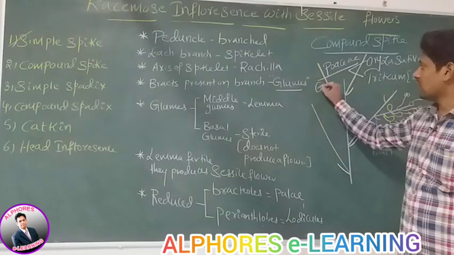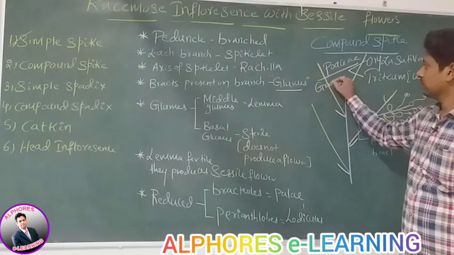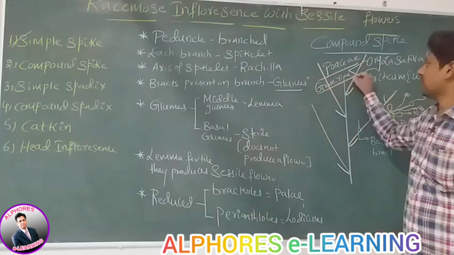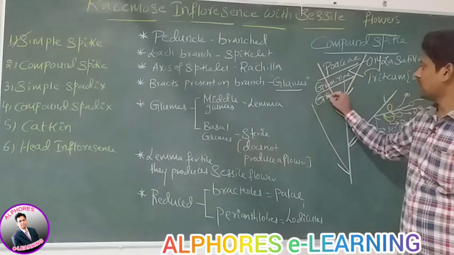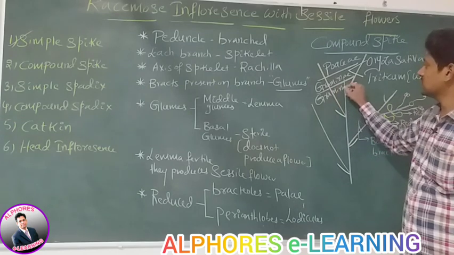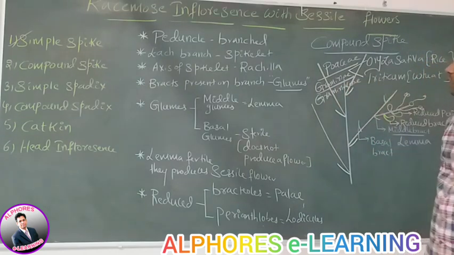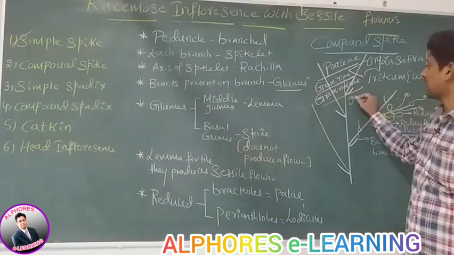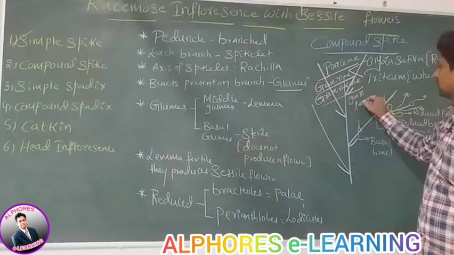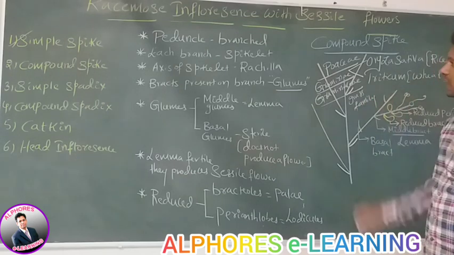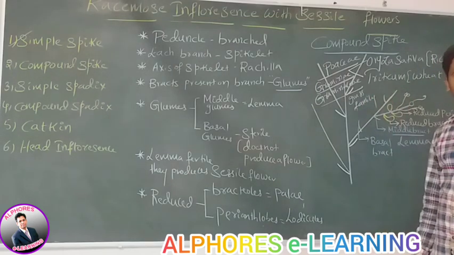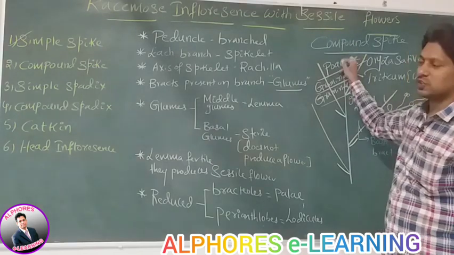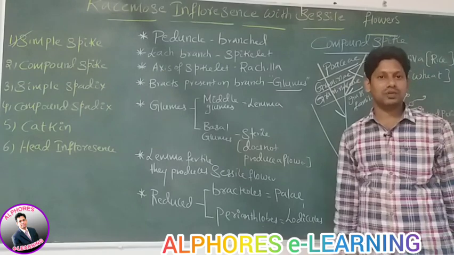Poaceae family is also called Gramineae family, also called Graminaceae family, nothing but the grass family. With this, we completed compound spike.